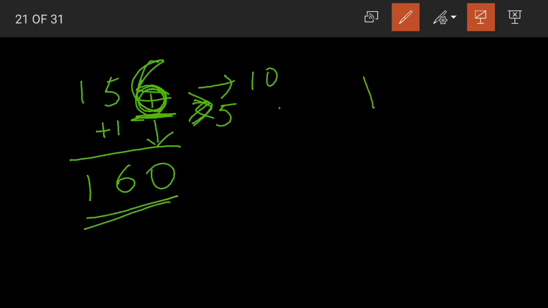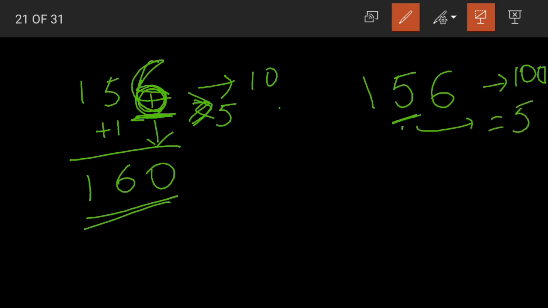Right? In the same way, if we consider the same example, rounding off to the hundreds, what should we do? We should look at the digit in the tens place. It is greater than or equal to 5, so again we round up. Now where should we add the 1?